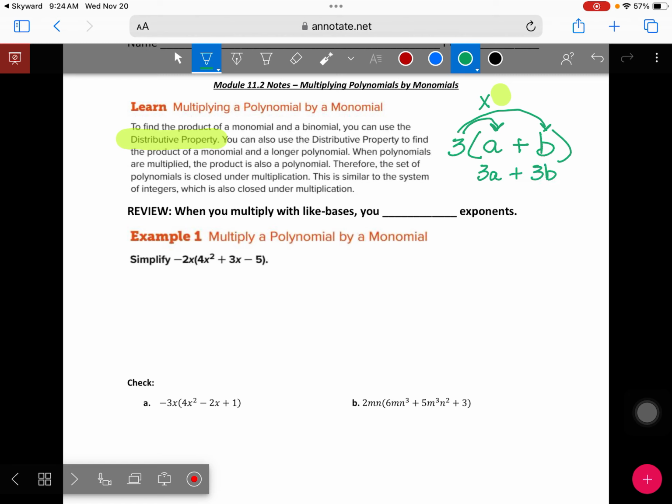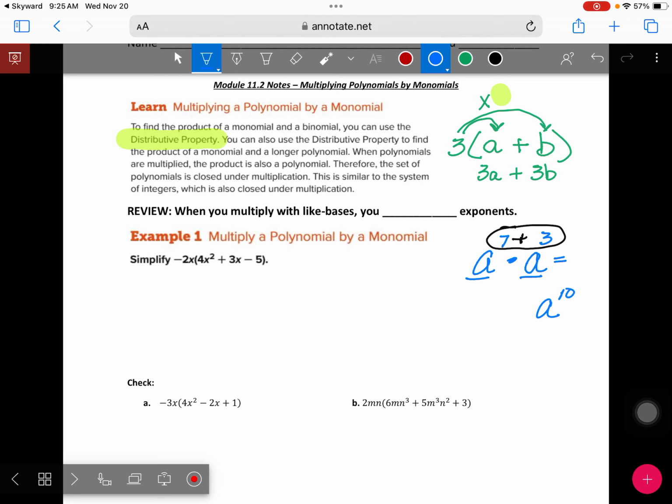And sometimes that will include multiplying powers times powers. So if I had a to the 7th times a to the 3rd, you keep the base, in this case, which would be a, and what do you do with those exponents? You add them. So that gives you a to the 10th.